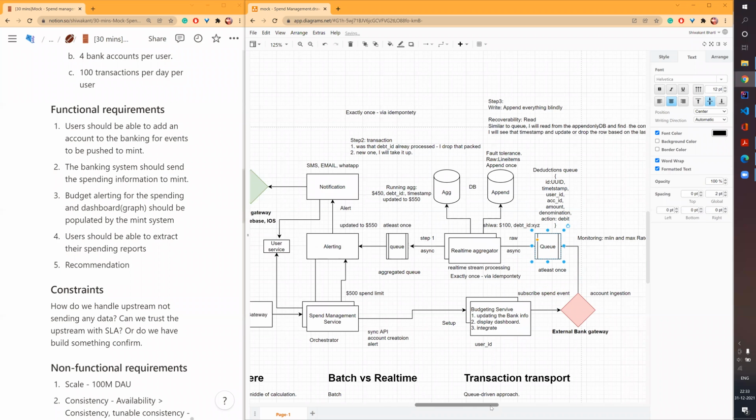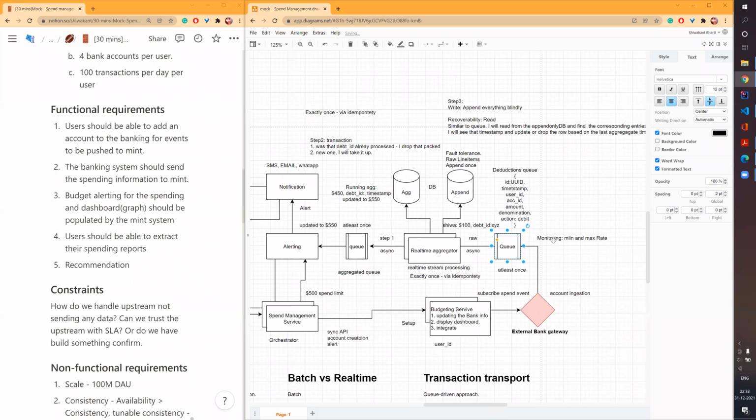This is basically the async model that we want to follow. This consumer will take those specific spends, maybe in a batch, check the current running debt, add to that debt, and then send it downstream for further processing.